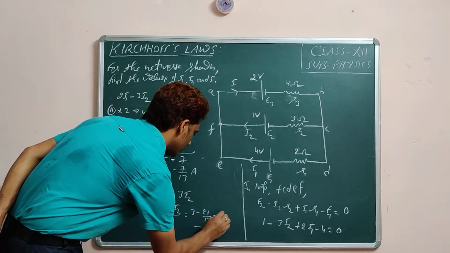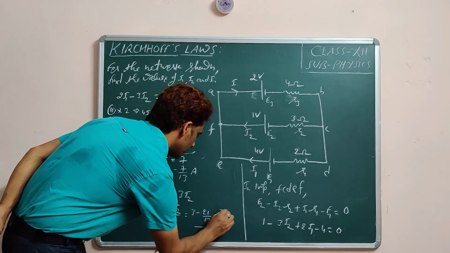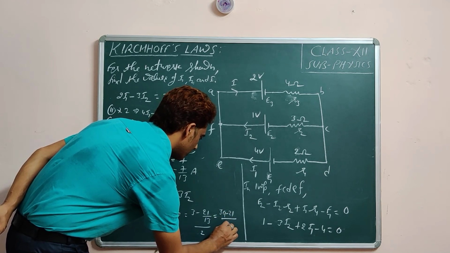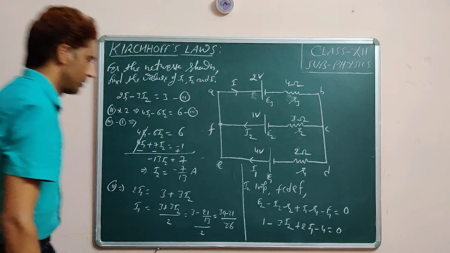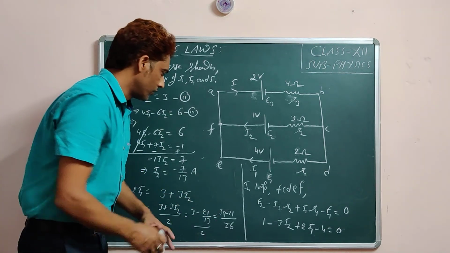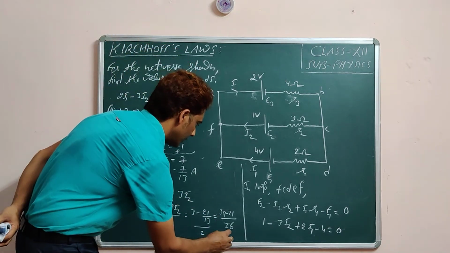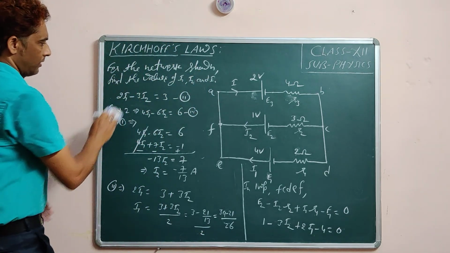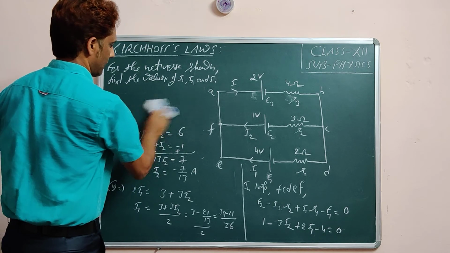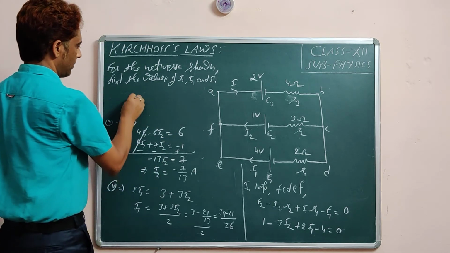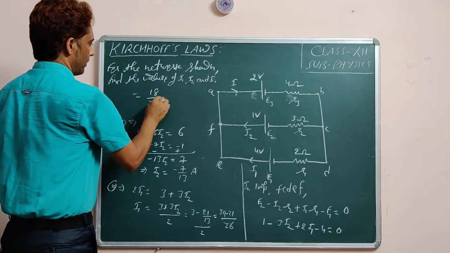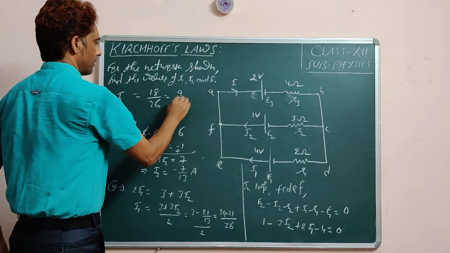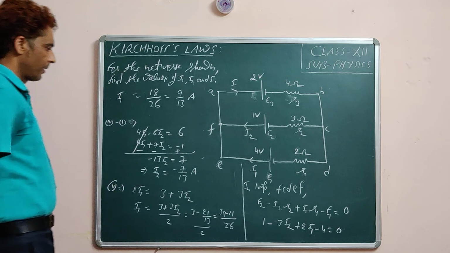So this is equal to 39 minus 21 over 26, which is 18 by 26. So I1 is equal to 9 by 13 ampere.